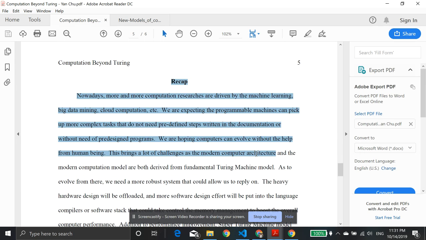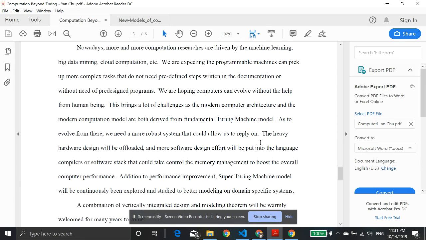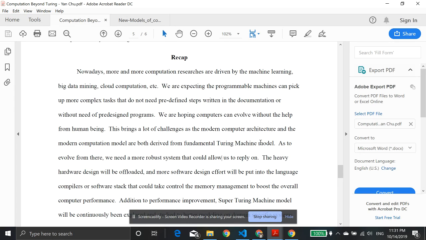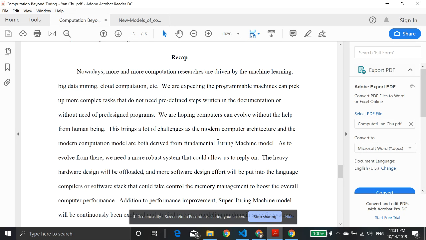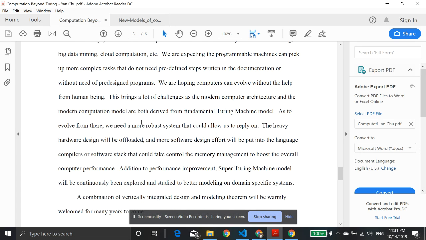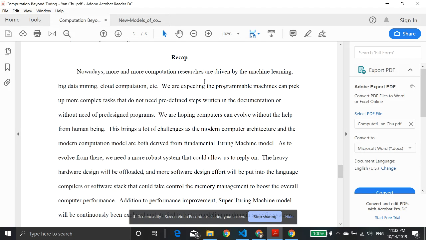So the final portion is a recap, a restatement of the challenges and solutions. In this paragraph, I said that the traditional Turing machine will no longer be able to evolve in more and more challenging environments.